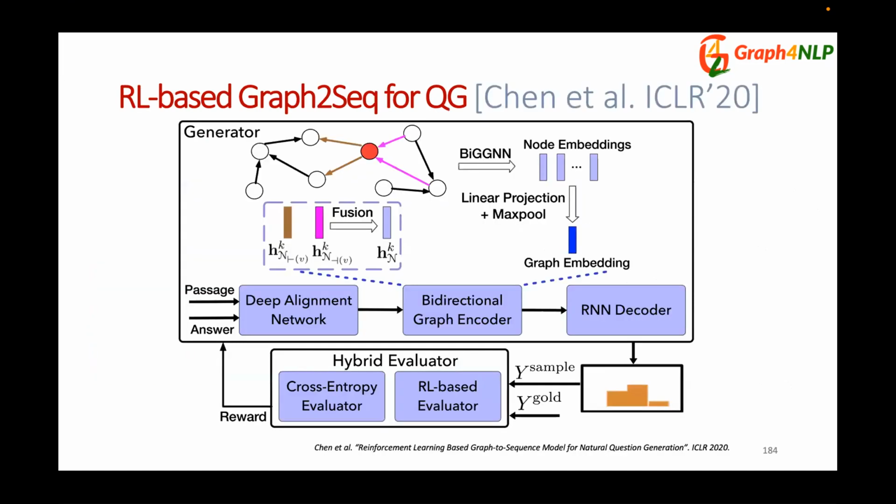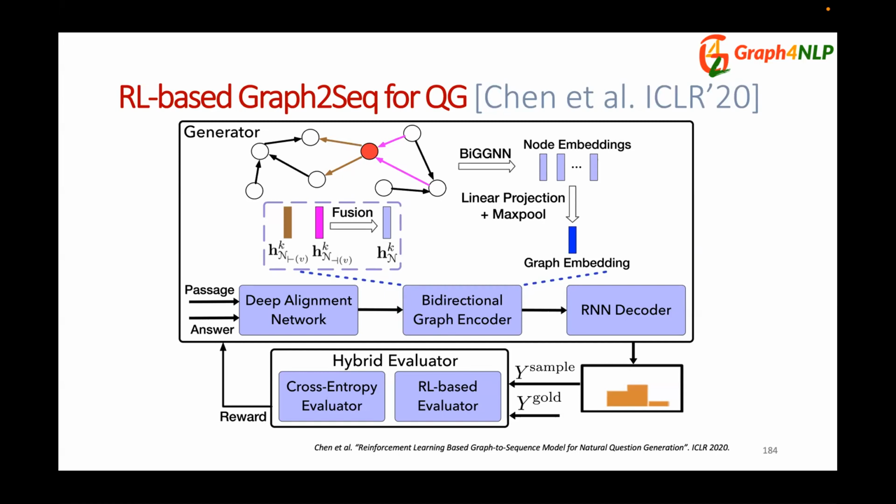This ICLR 2020 paper proposed a reinforcement learning based graph-to-sequence model for the QG task. As we can see from this diagram, the model consists of a GNN-based graph-to-sequence generator and a hybrid evaluator combining both the traditional cross-entropy based loss and the reinforcement learning based loss functions.